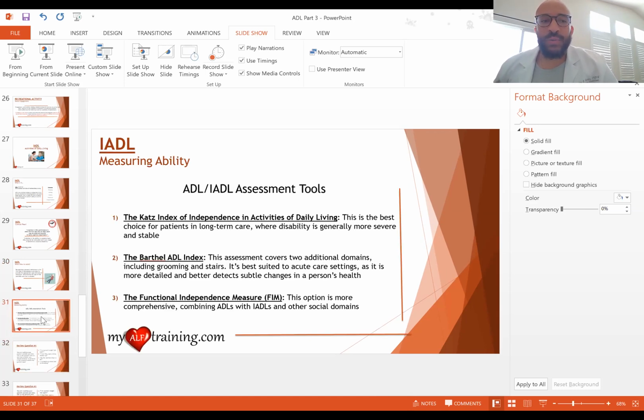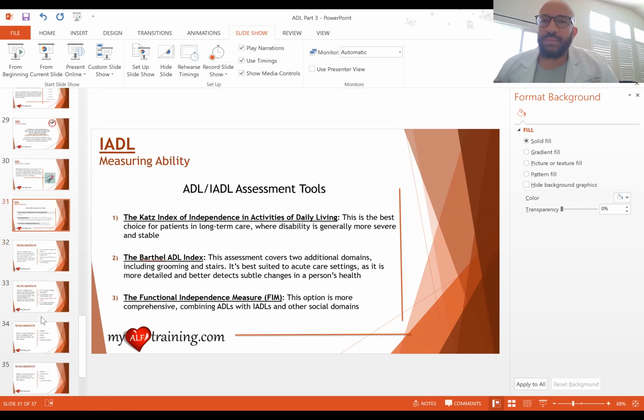Sorry, guys. So, more specifically, because I know some people like to be very specific, some healthcare providers do use three different types of tools, and these are the tools here, that can help you identify what disability the patient is experiencing and how much assistance they need.